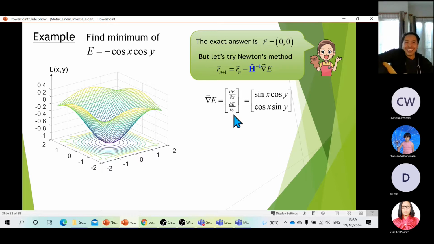We diff dE/dy, then the cosine y becomes minus sine y, and that minus cancels the minus here. You get the plus there. So we have sine y, and cosine x is still there. It does not change because we are diffing with respect to the y value.